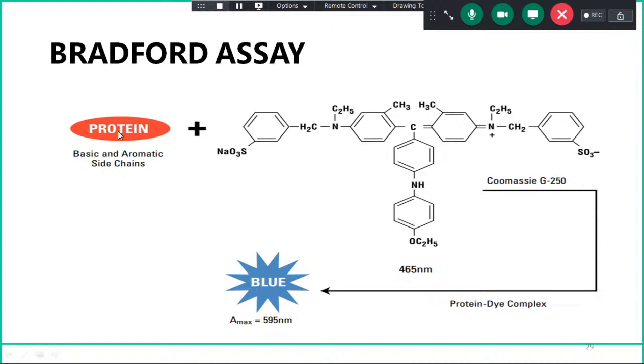So you can see that as the protein is being combined with this dye, the color changes from red to blue, and the intensity of blue color is directly proportional to the amount of protein present in the mixture. Okay, is this method clear to you all?